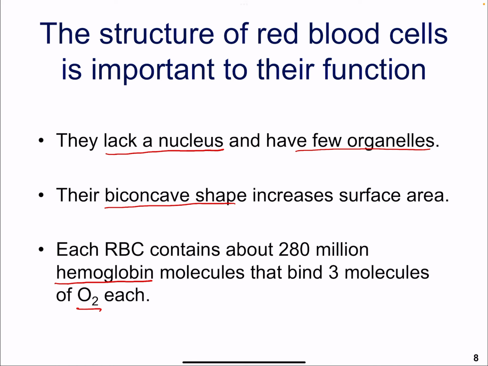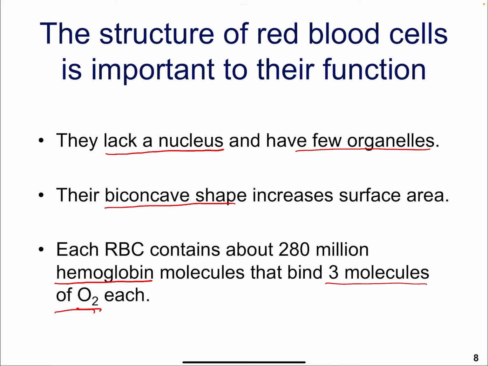There are about 280 million molecules of hemoglobin in a red blood cell, or erythrocyte, and each molecule of hemoglobin is going to carry 3 molecules of oxygen.